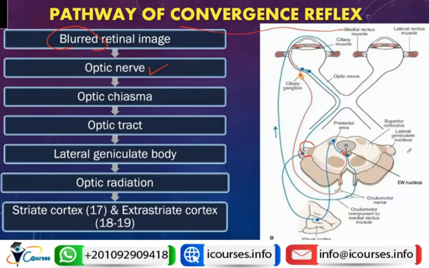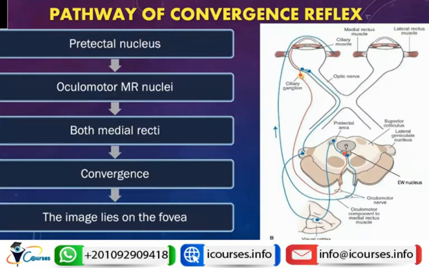So here is the difference, that the fibers for the convergence reflex will pass through the lateral geniculate body, and from it will pass through the optic radiation until it will be perceived by the visual cortex, either the striate cortex area 17 or the extrastriate cortex area 18 and 19. So this will be the center.